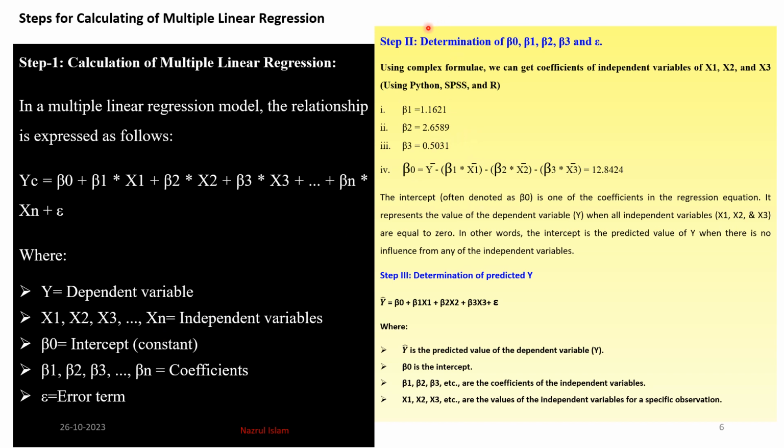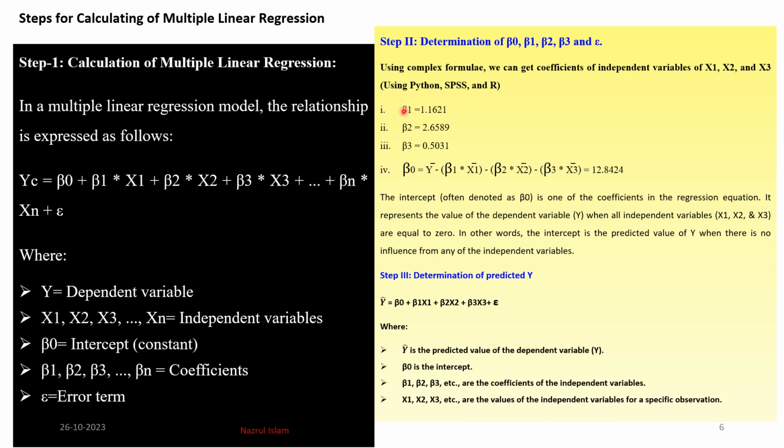In step 2, we have to determine beta 0, beta 1, beta 2, beta 3, and epsilon also. Using complex formulae, we can get the coefficients of the independent variables x1, x2, and x3, and they provide similar results by using Python, SPSS and R code.